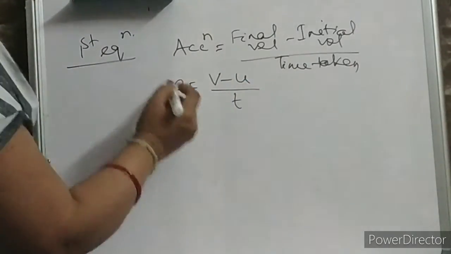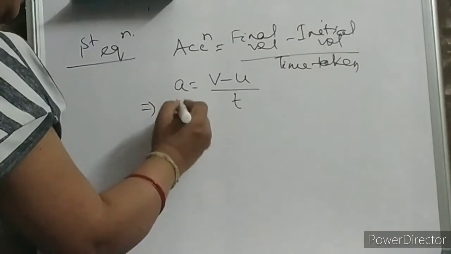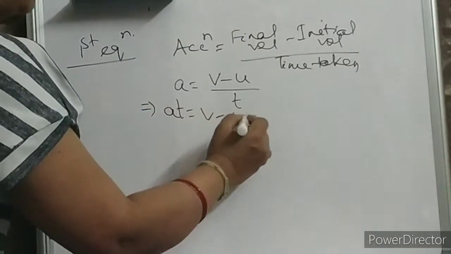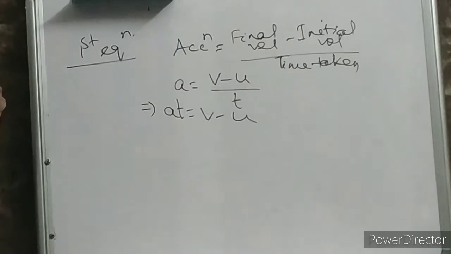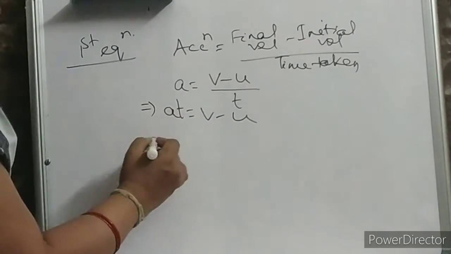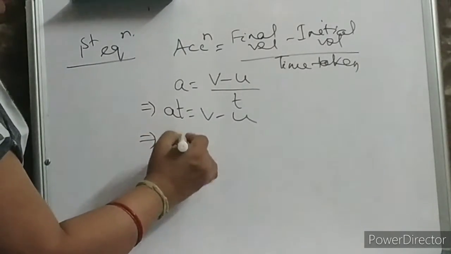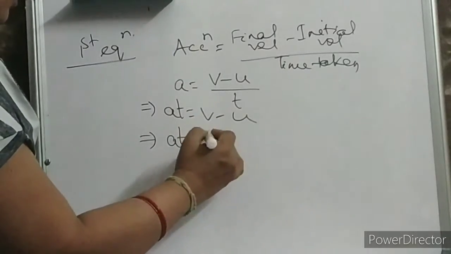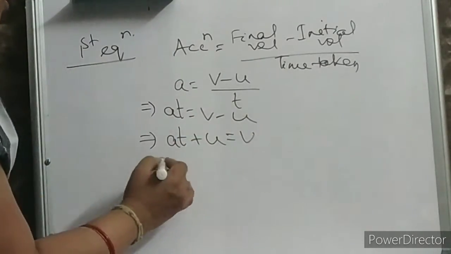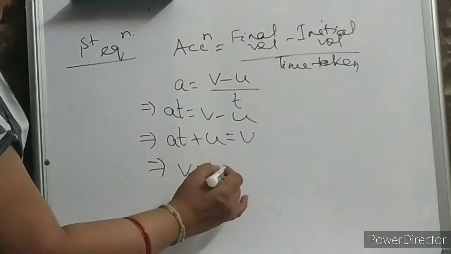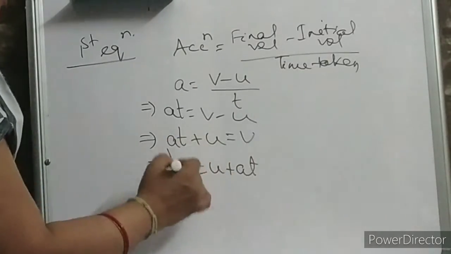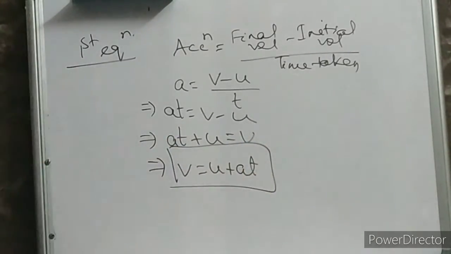Now cross multiply, so it will be at = v - u. Now rearrange: at + u = v, or you can write v = u + at. So this is your first equation of motion.